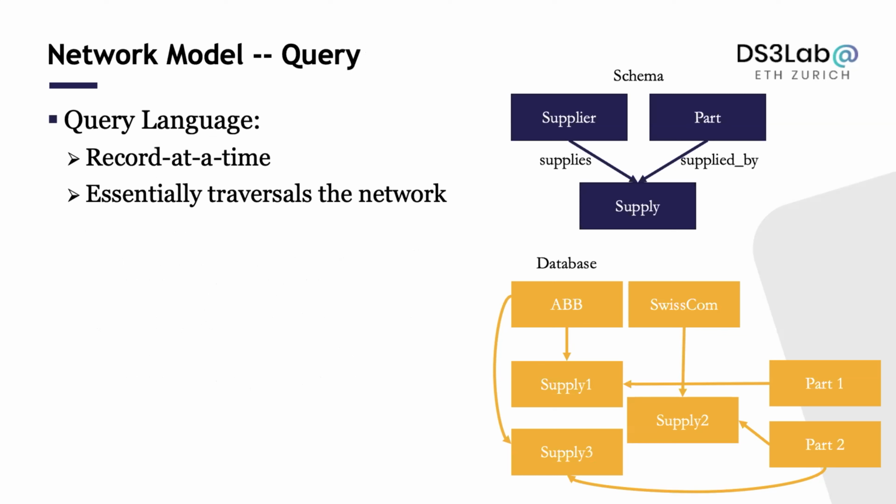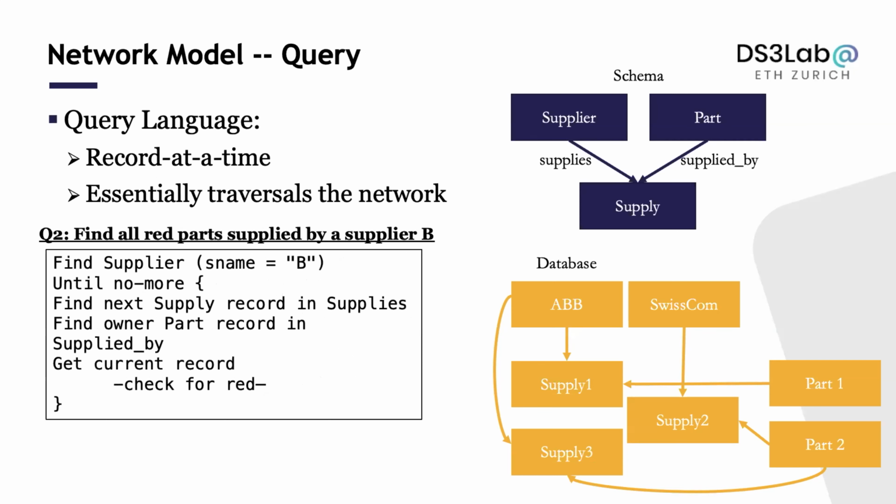And the query language is also very similar to the hierarchical model. It is record at a time, and essentially gives you a way to traverse the network. For example, if you want to implement this query, give me all the red parts supplied by one supplier. What you could do is say, okay, first find me one supplier, which is here, right?